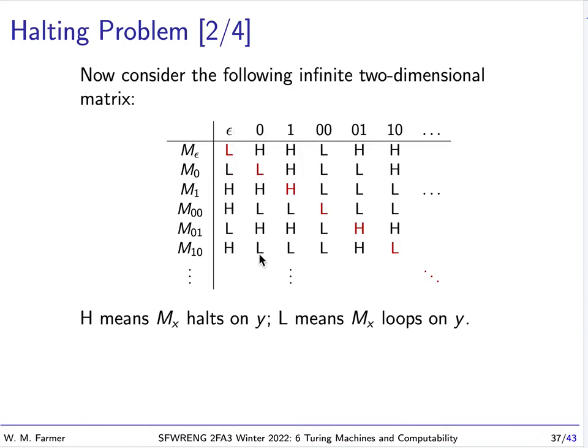This matrix will tell us what happens with every Turing machine on every possible input. H means that the Turing machine halts on the input, and L means the Turing machine loops on the input. So there exists some such infinite two-dimensional matrix.